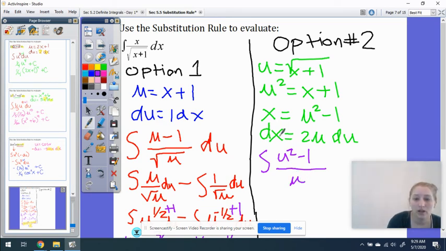And the derivative of x, dx, is 2u du. So we're going to say 2u du. All right, now something cool happens before I integrate. The u is going to go away. And actually, I can bring the 2 in front outside of my integral, so I don't have to deal with it right away.